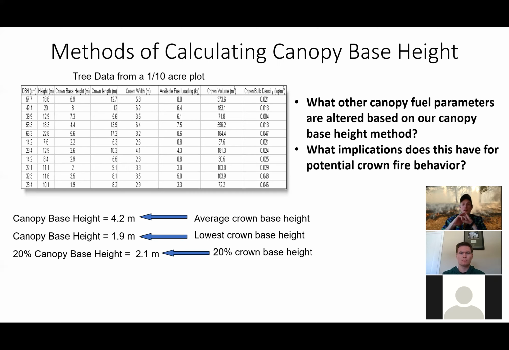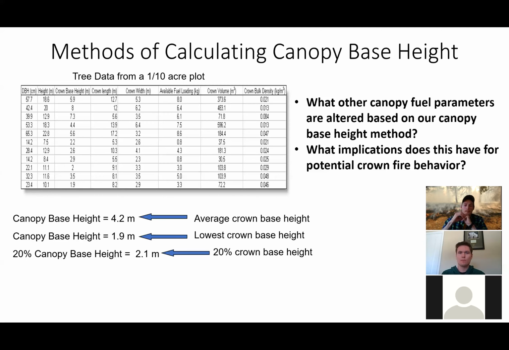So in terms of our crown fire modeling or crown fire prediction, what implications does that have? More fuel? So this other question I have on here: in terms of potential crown fire behavior, what implications does going from a canopy base of 4 to a canopy base of 2 have?